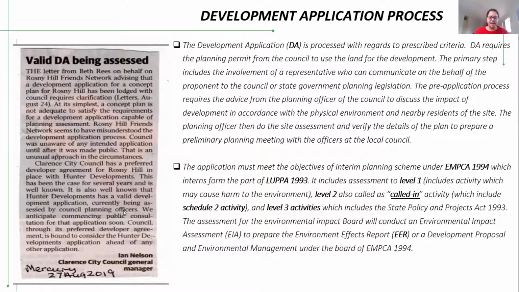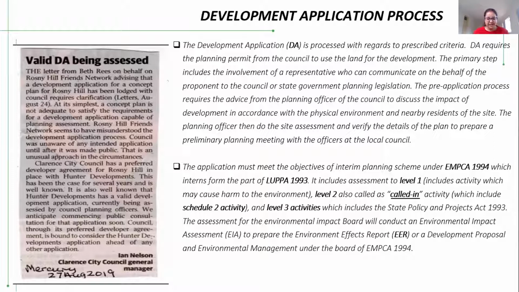Then the planning officer does the site assessment considering all the issues related to the site, such as water supply, waste disposal, or any licensing requirements. The assessment must meet the requirements of EMPCA and LUPA, which further includes the assessment of level 1, level 2, and level 3 activities.